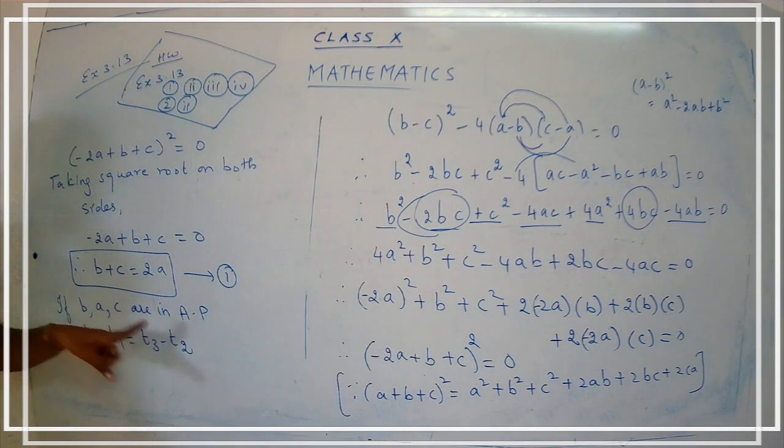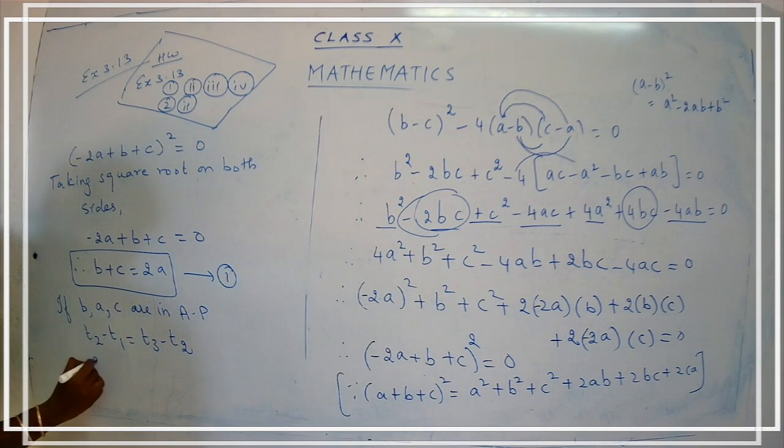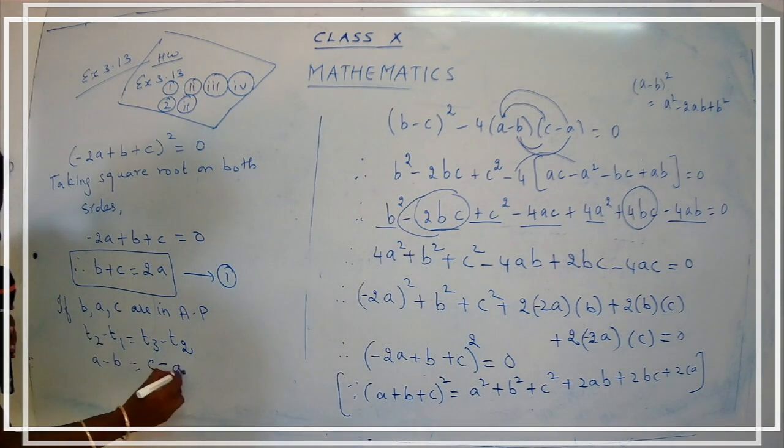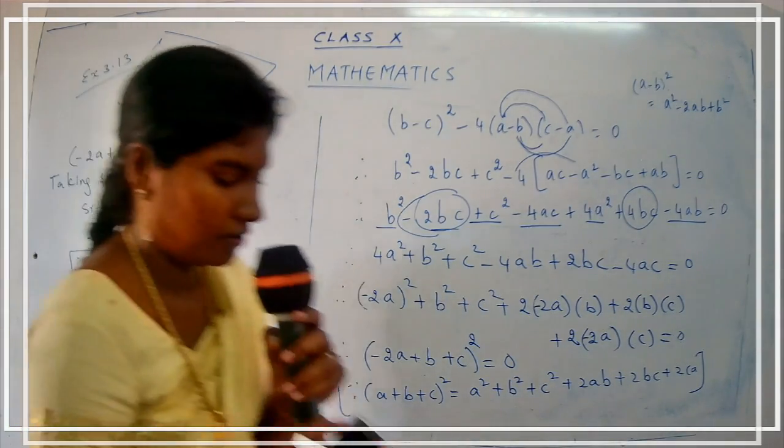Remember this formula, children? Let's substitute the value. What is T2? A. What is T1? B. T3, C. One more, T2, A. So I got A minus B is equal to C minus A.